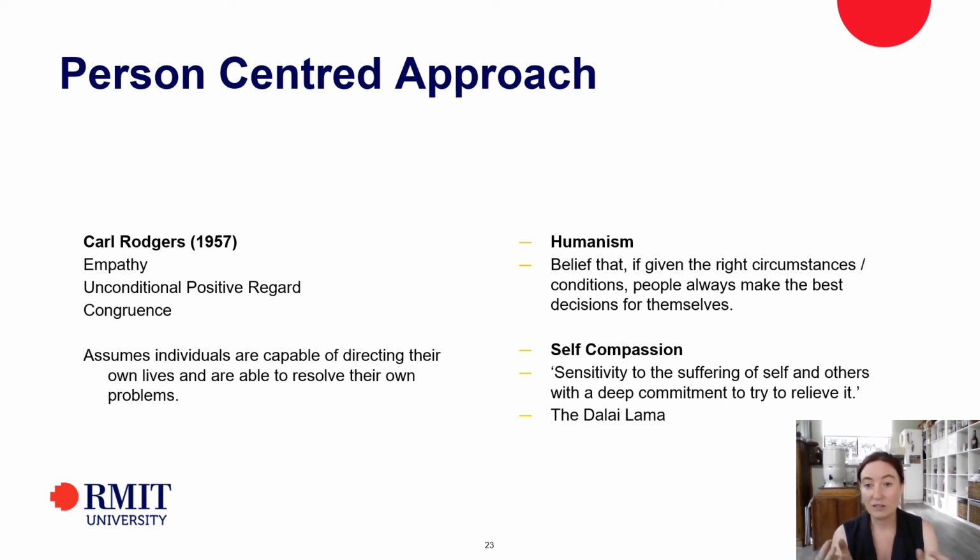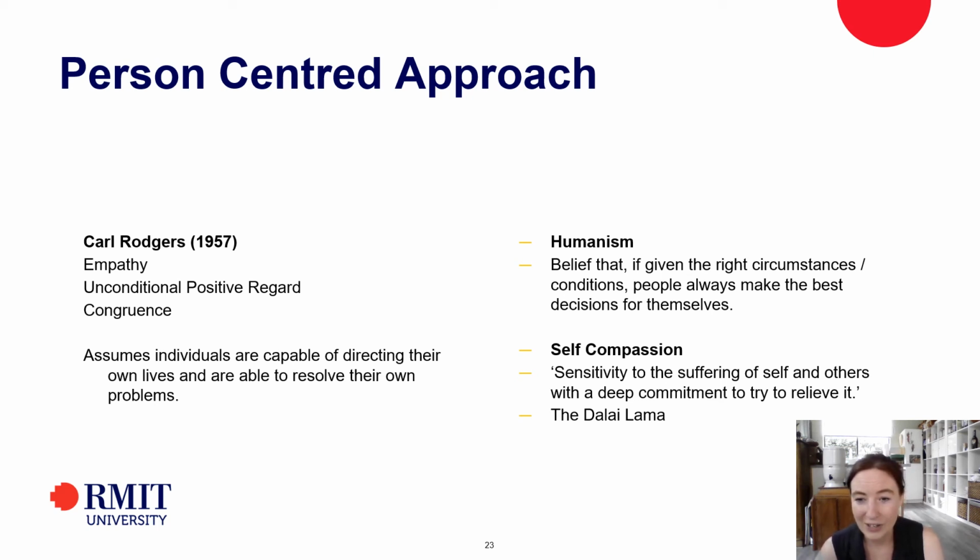In these sorts of change relationships, Carl Rogers identified that there are 6 key conditions that are necessary. 3 of them have really caught on and are known by everyone and spoken about and practiced a lot. And these 3 are empathy.